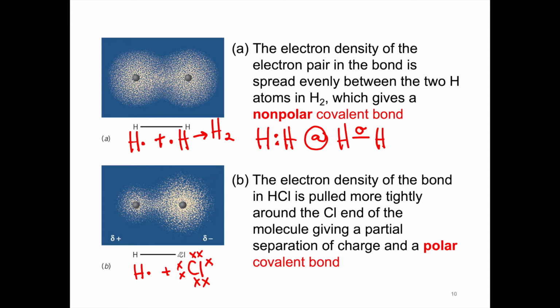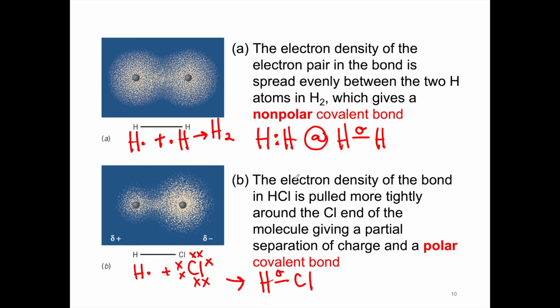Hydrogen can share one electron, while chlorine needs to accept one electron, to form hydrogen chloride or hydrochloric acid. This sharing of electrons between hydrogen and chlorine gives 1 sigma bond.